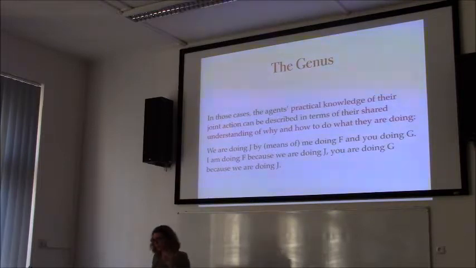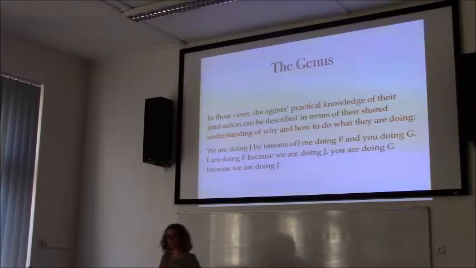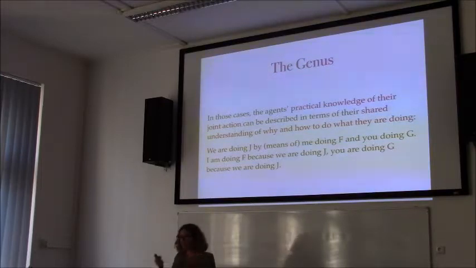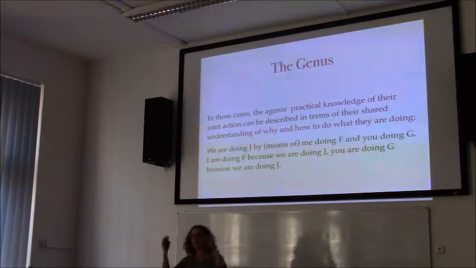So we are doing dinner by means of me chopping the onions and you preparing the salad. And I'm preparing the salad because we are doing dinner. And you are chopping the onions because we are preparing the dinner. So you can run that through all the individual participations in the shared action.